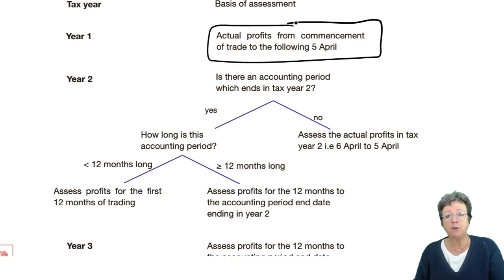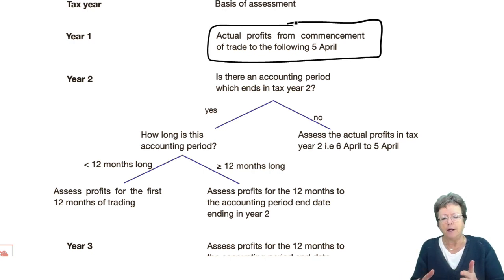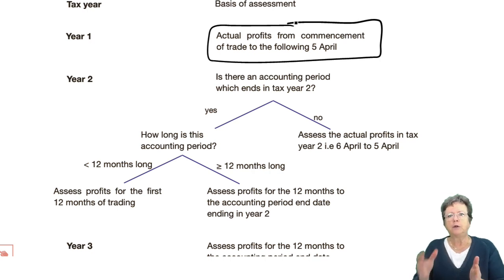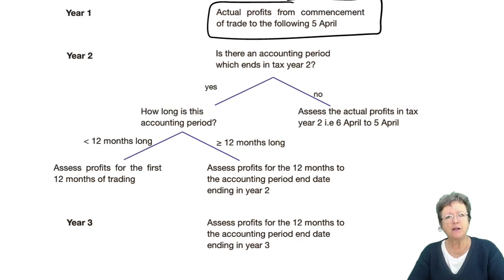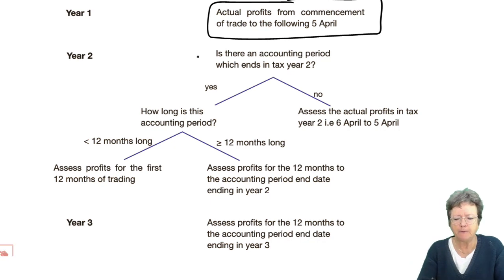When we do these in the examples, I will repeat these rules time and time again so that you can see how they work. And it's something that you will need to watch, pause, do the examples and keep practicing with. In the second year of trading, you need to ask yourself a question.